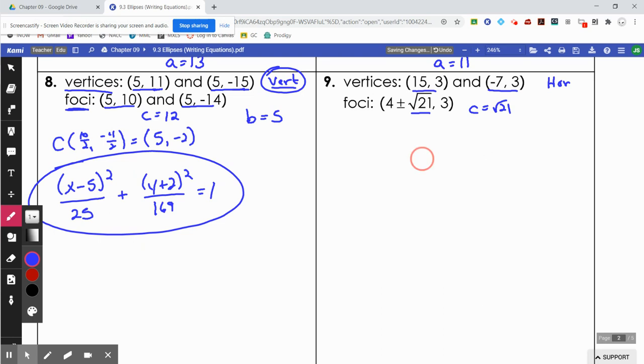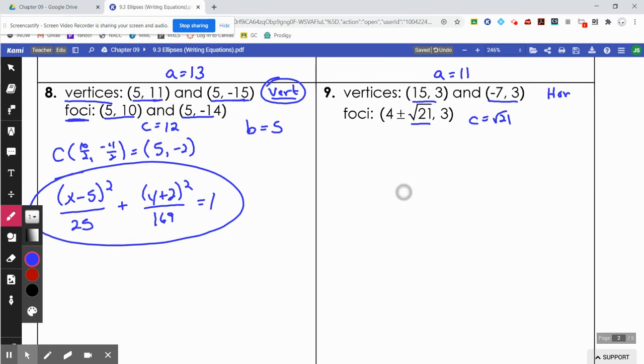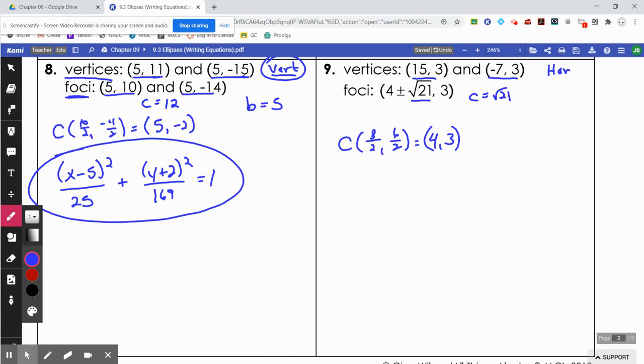I still haven't found my center. I'm kind of doing this one out of order. The center, we can take our two vertices, add the x's, divide by 2, add the y's, divide by 2, gives you (4, 3) as a center. So therefore, my equation now is (x - 4)² over stuff, (y - 3)² over stuff is equal to 1.